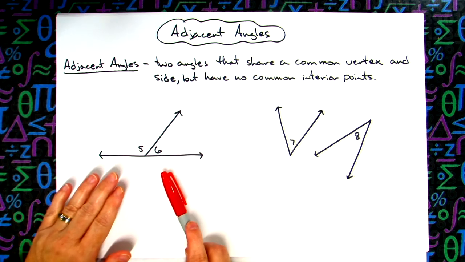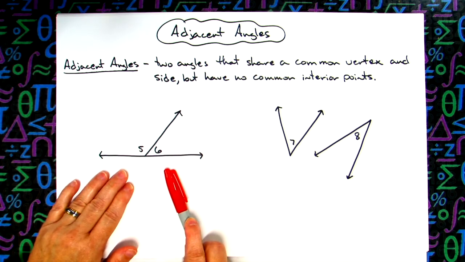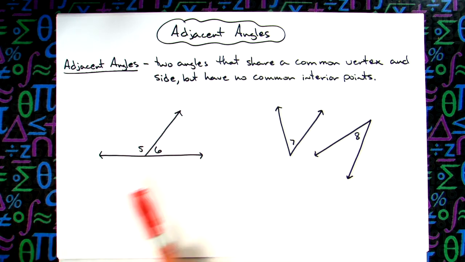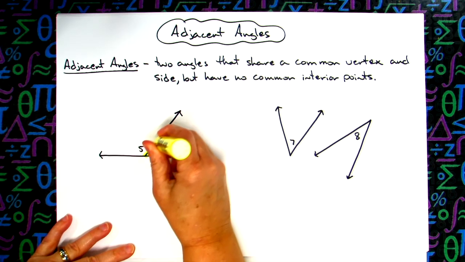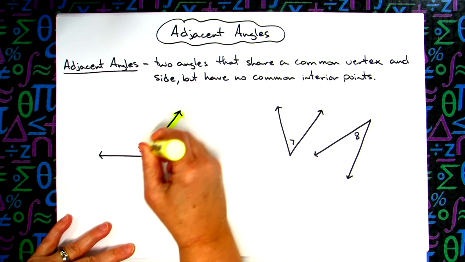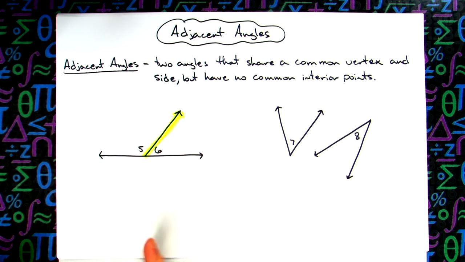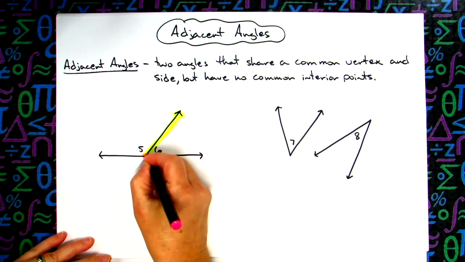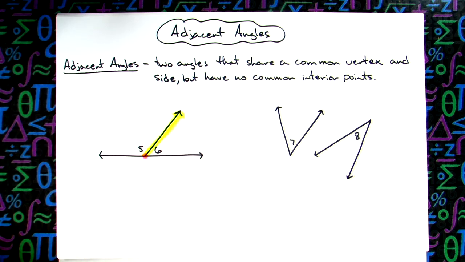All right, so in this first drawing right here, we have angle 5 and angle 6. Now if we take a look at this, they have a common side. So that right there is the common side between angle 5 and angle 6. They also have a common vertex right there.